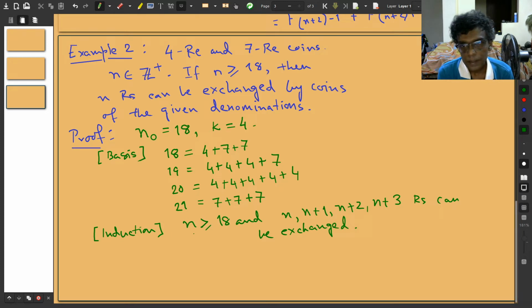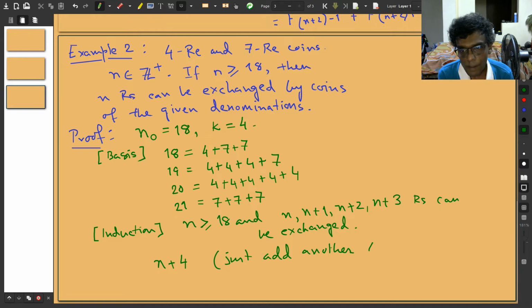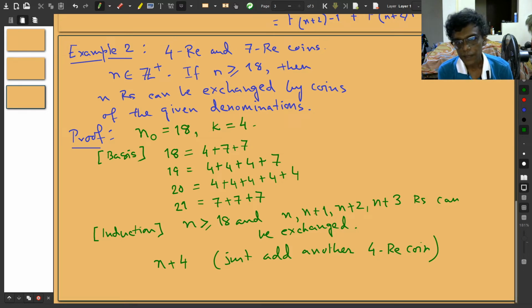Then I have to show n plus 4 can also be exchanged. Now this step is quite straightforward. Since n can be exchanged, we just add another 4 rupee coin. So the inductive part is easy.